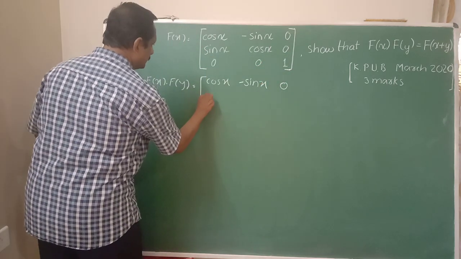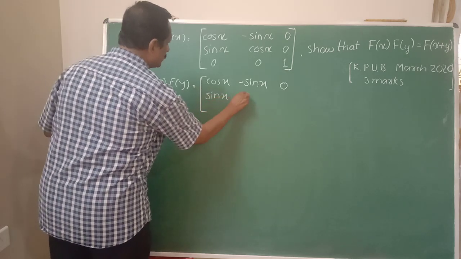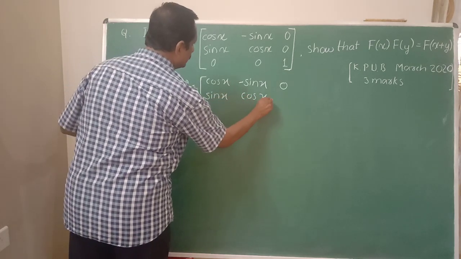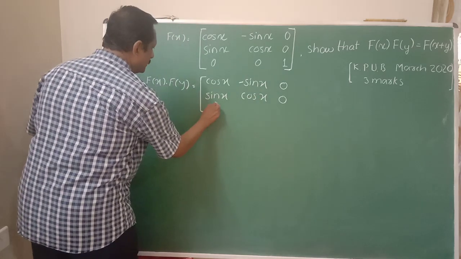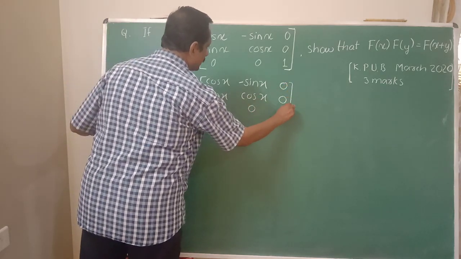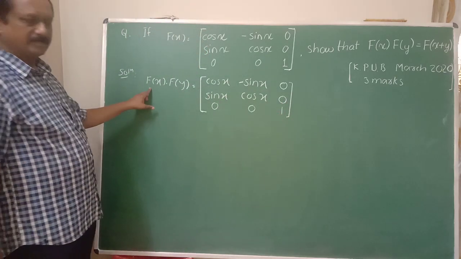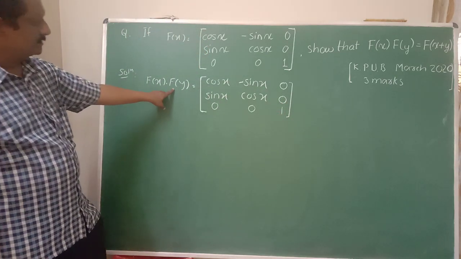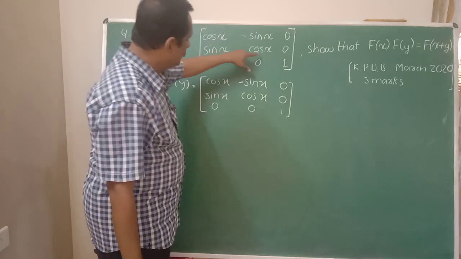Then sin x, cos x and 0, then 0, 0, 1 here. Okay, it is f of x here. And f of y means just replace x by y here.